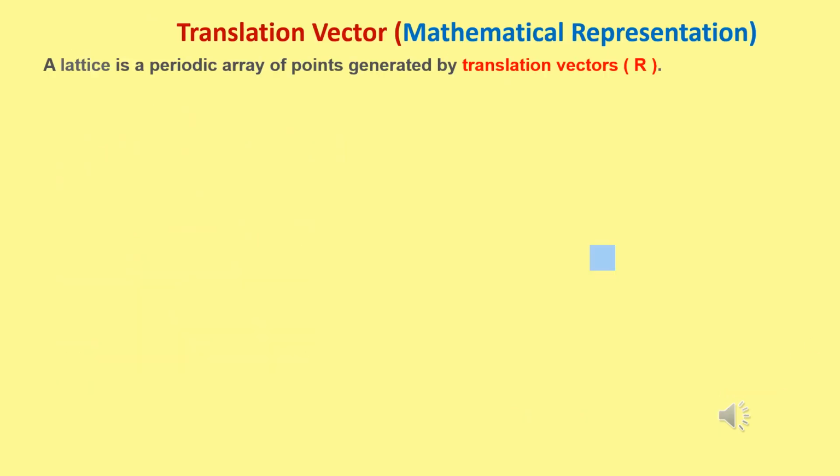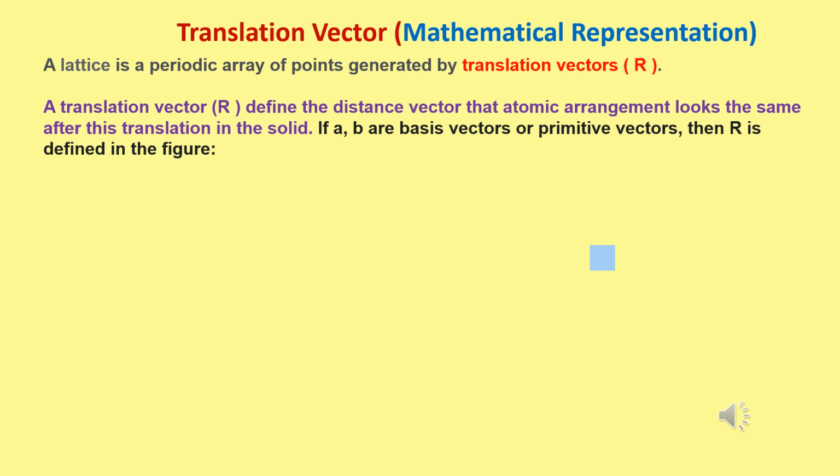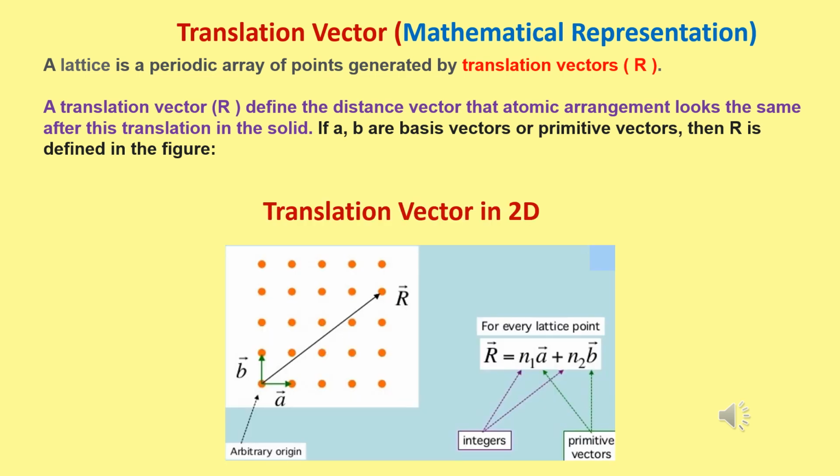Now we will discuss the translation vector, and mathematically we can understand it in this figure. If we want to translate from one lattice point to another lattice point, there is a vector like n1a plus n2b. a and b are the primitive vectors, and n1 and n2 are integers.